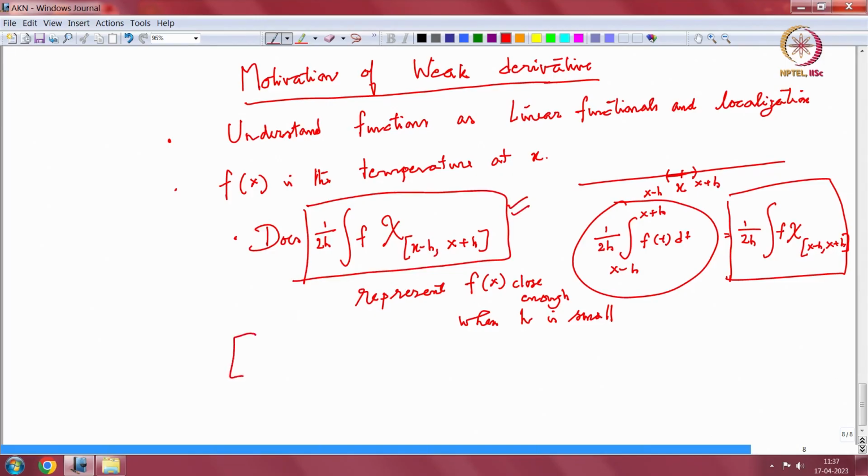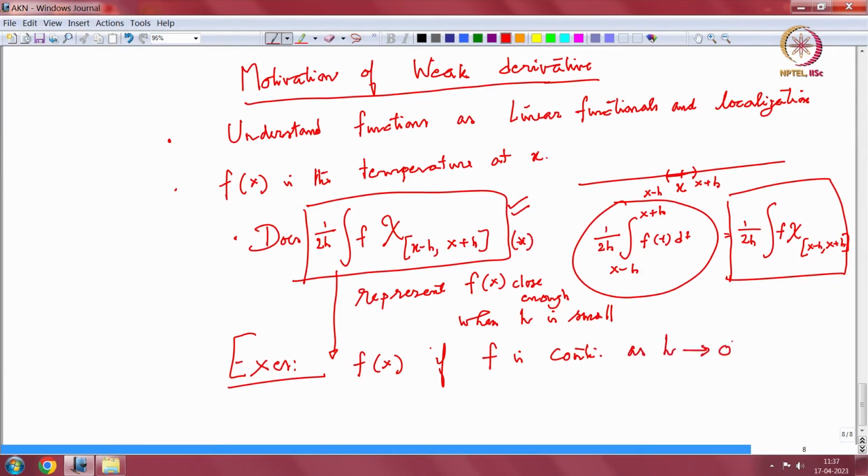Now, here is an exercise which you have done in your basic analysis course. This indeed converges to f of x if f is continuous. You see, if f is continuous, this quantity star here converges to f of x as h tends to 0.